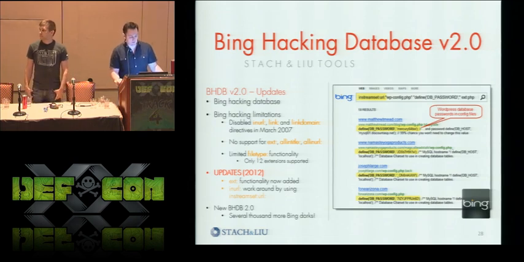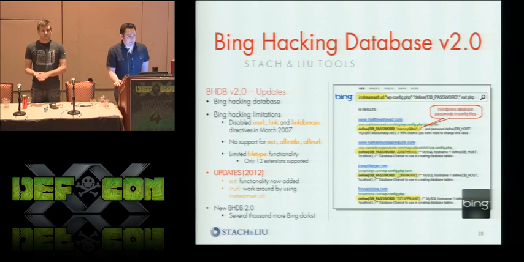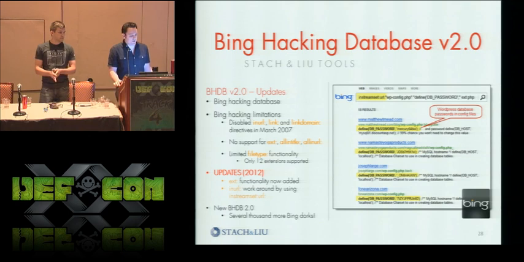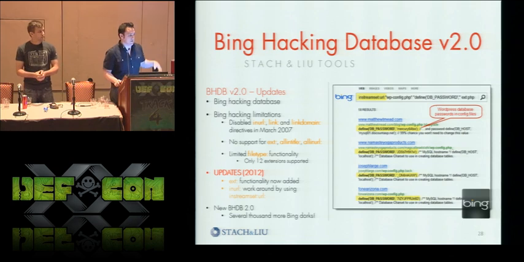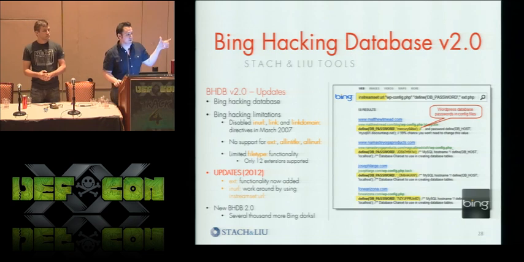And that's because, one, Bing decided to enable the ext: operator to allow you to search by file extension within the last year. So that was one. And two, and this was the big one, like 95% of the Google hacking database uses this inurl: operator, which will allow you to specify random text that has to be found in the URL of the results.